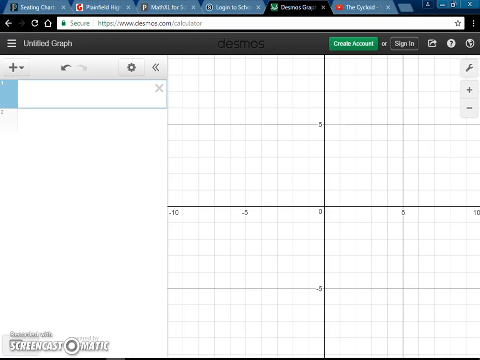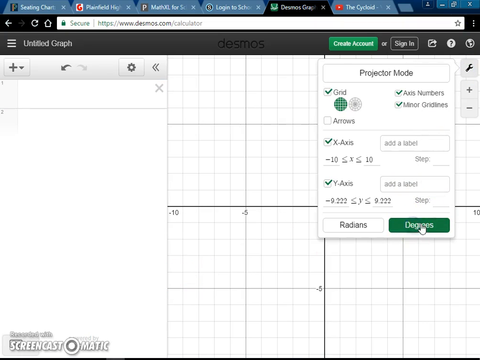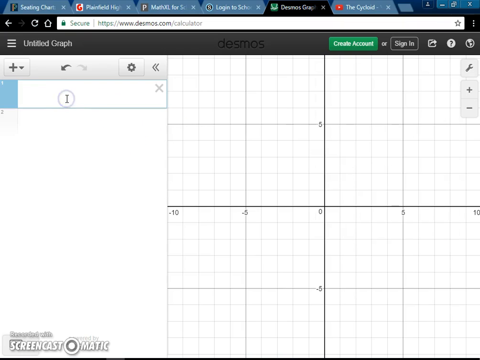Now, since we are in degrees, you'll want to make sure and change your settings, make sure that's in degrees right there. Otherwise, it'll be all messed up. So let's see what we have. Okay, I put that in parentheses there.